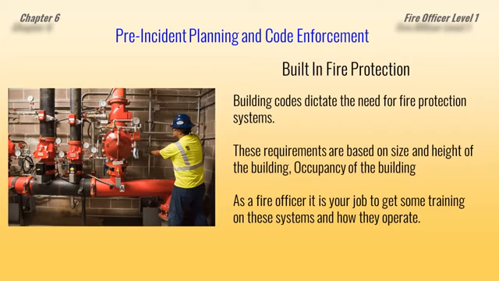So as a fire officer, it's your job to get some training on these systems and how they operate. So again, if you have a building with a sprinkler system or multiple sprinkler systems, try to get in there, do a walkthrough, try to see the areas that they cover, things like that. So educate yourself on the use of sprinkler systems and fire alarm systems.